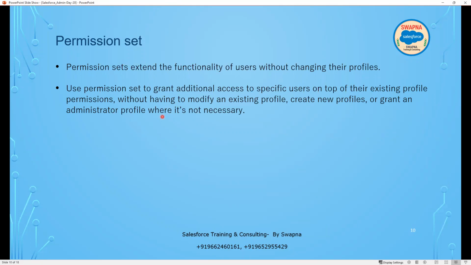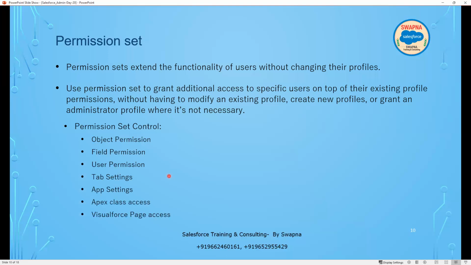Without modifying the existing profile or creating a new profile, we can create a new permission set and assign it. Basically, a permission set controls object, field, user permission, tab setting, app setting, Apex class, and Visualforce. These are what a permission set can control. Take a note of it.